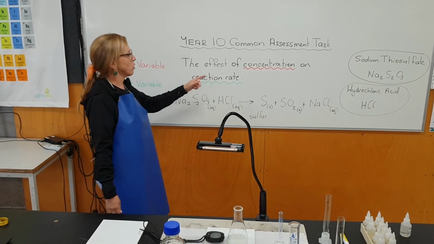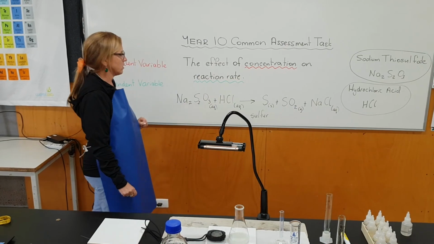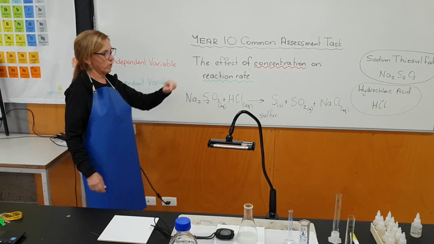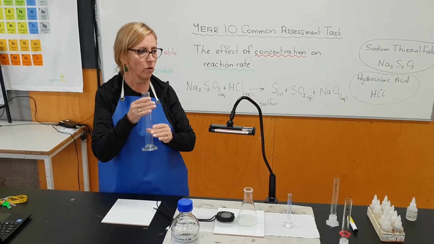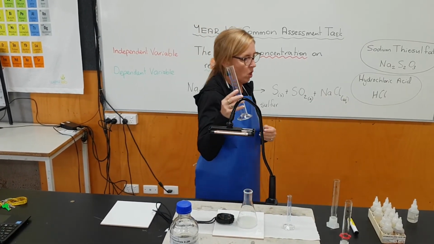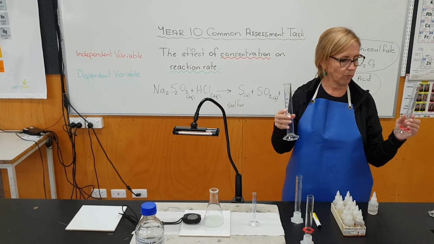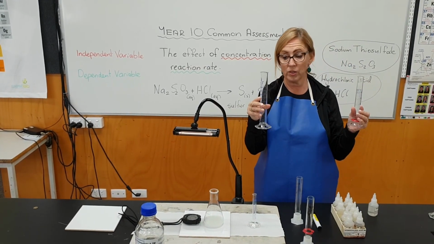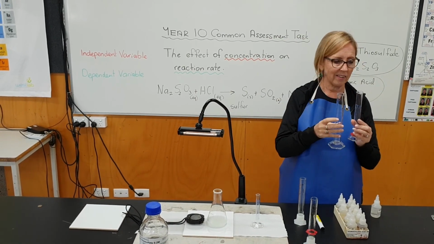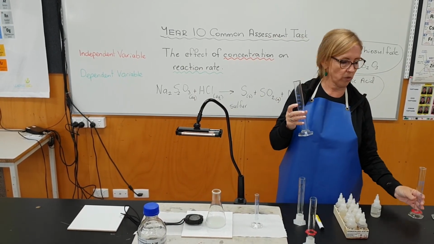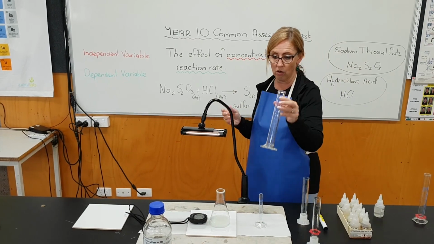Just to recap on the independent and dependent variables. The independent variable that we were changing was the concentration of the thiosulfate solution. So remember, we had thiosulfate solution in a flask, and we diluted it, apart from the first one, which we did nothing to. We diluted it with some water. So we made lesser concentration of the thiosulfate solution as we went along.